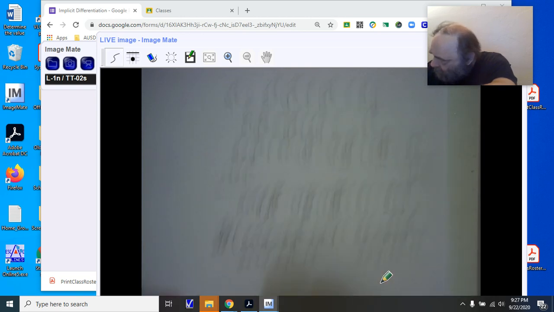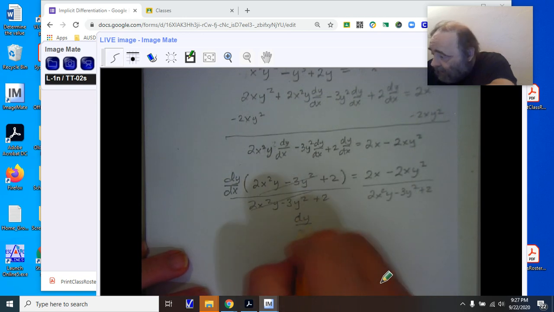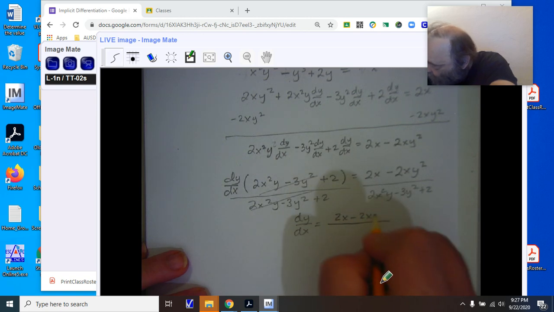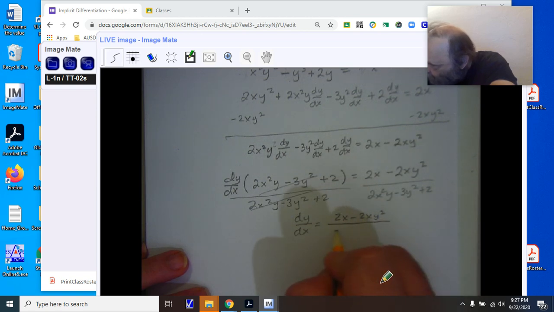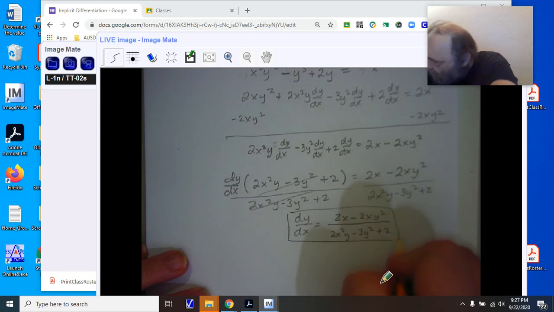Those two cancel, and I now have my answer. dy/dx is equal to 2x minus 2xy squared. On the bottom, we have x squared y minus 3y squared plus 2. And that's our goal right there.